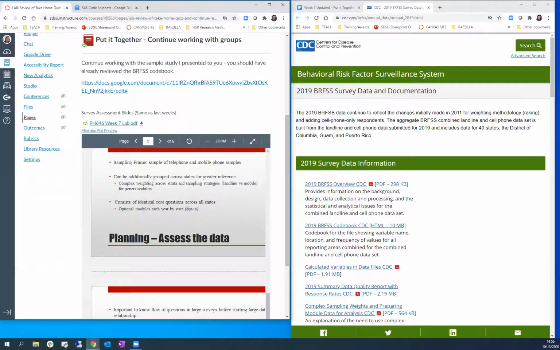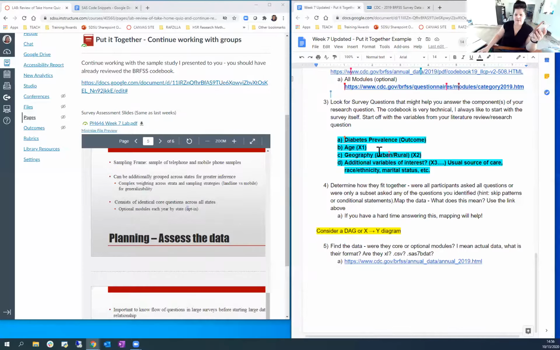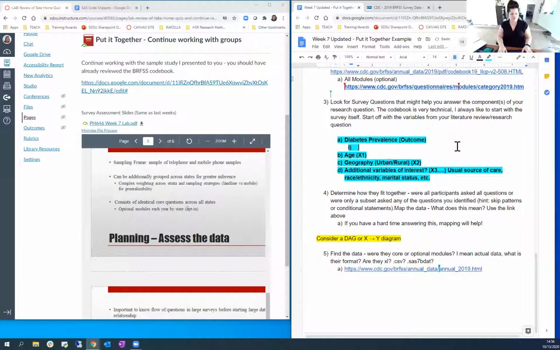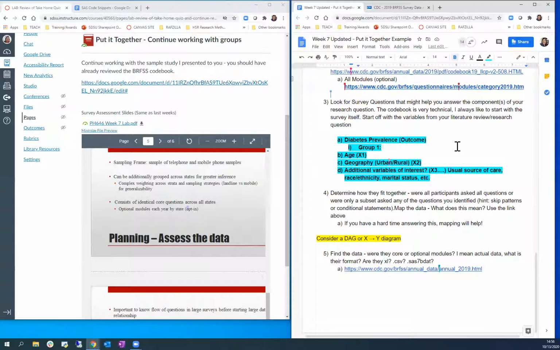Okay. Judith, group 1. We're looking at the survey questionnaire, not the code book. Okay, that's fine. And what was your outcome variable? I have 2 questions. We're looking at prevalence of diabetes. So what variable do I need to use to run this data?